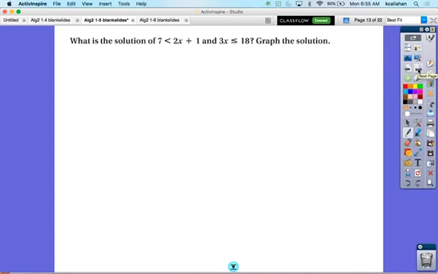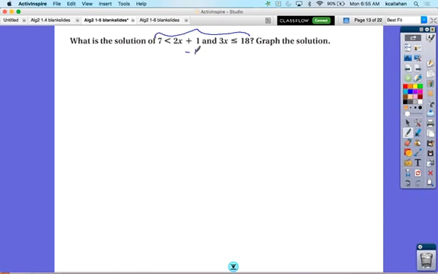So what is the solution to this compound inequality, which means this whole thing, including the word and in the middle? So what do we know? If it says and, we're looking for both parts to be true. For a lot of these, the way you see that is by graphing it. You'll know what the answer is when you graph it. So let me solve this inequality.